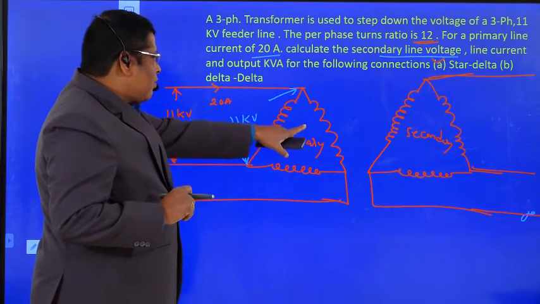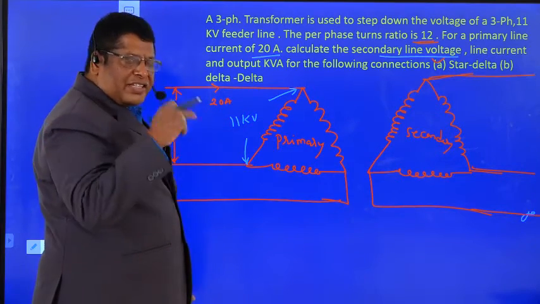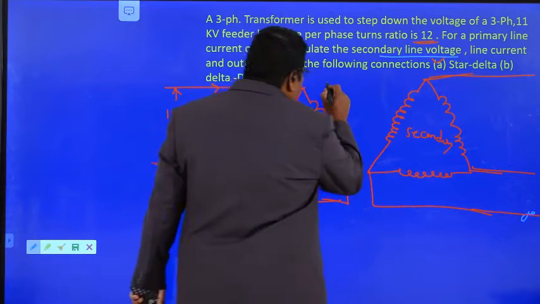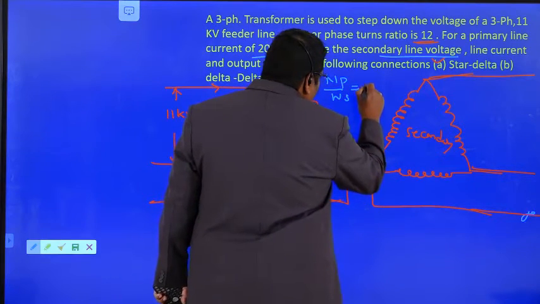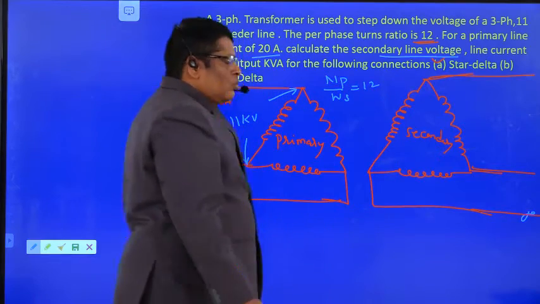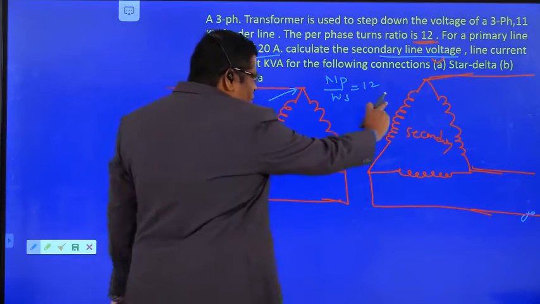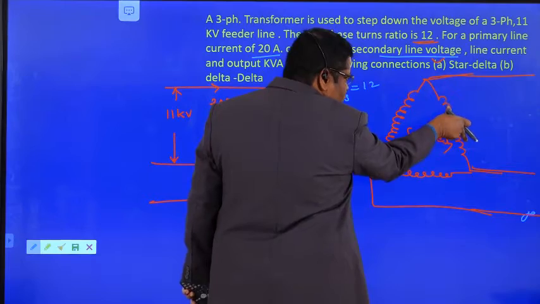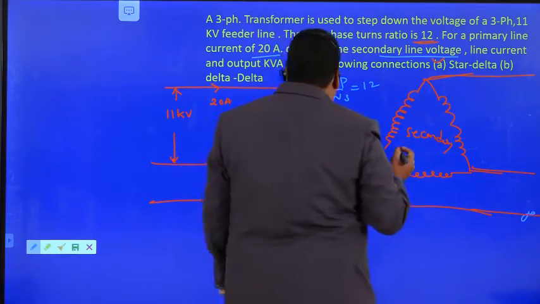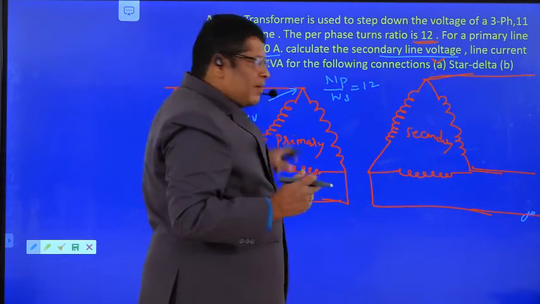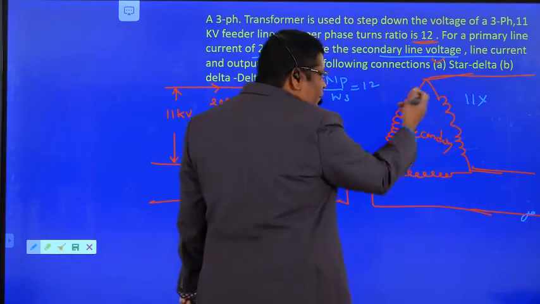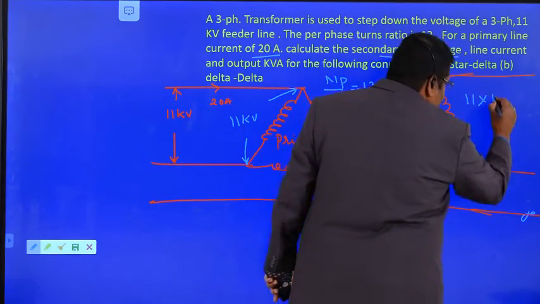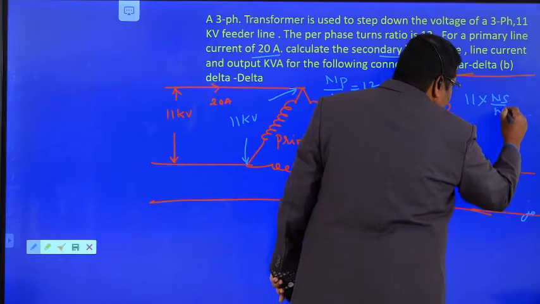Now when you calculate the per phase secondary voltage, in the problem it is given that NP by NS is equal to 12. So the per phase secondary voltage, nothing but the voltage induced in one winding, is equal to the per phase primary voltage 11 kV into the number of turns in the secondary winding, NS, divided by NP.